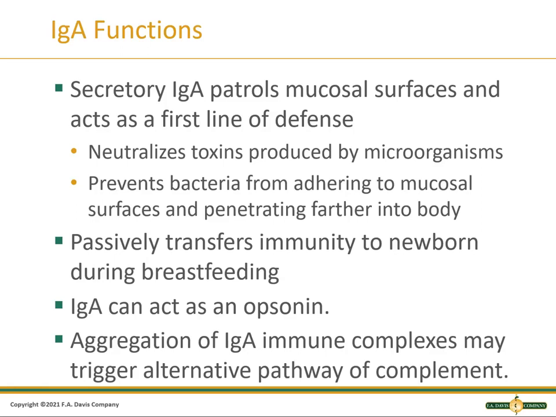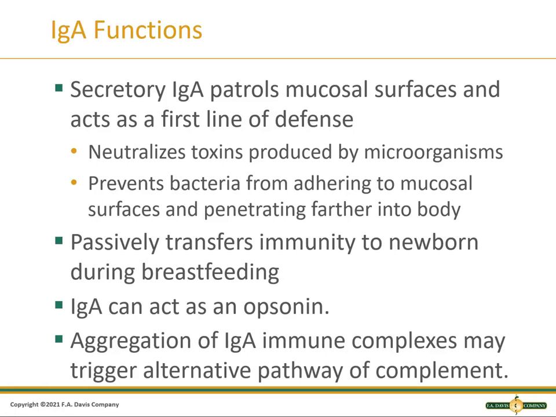When you get sick, don't you get a stuffy nose or your intestinal tract gets diarrhea, all that kind of stuff going on? That's what's there. It's trying to protect you. IgA is also located in the breast milk, so it will passively transfer stuff from the mother to the baby during breastfeeding. So it works extremely well there.